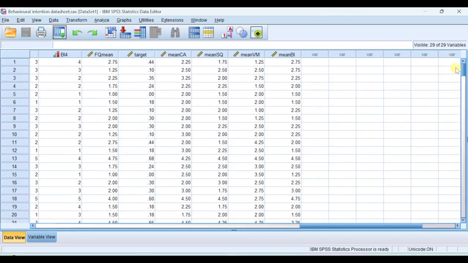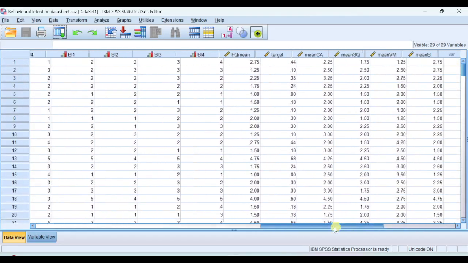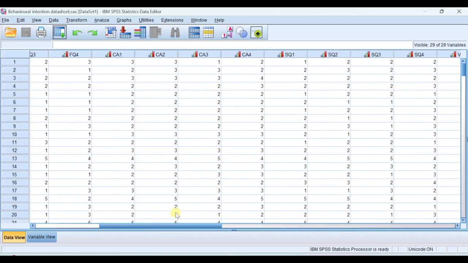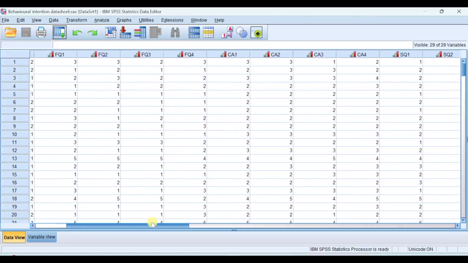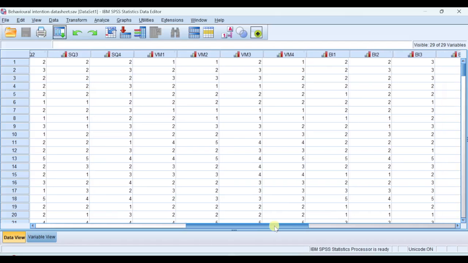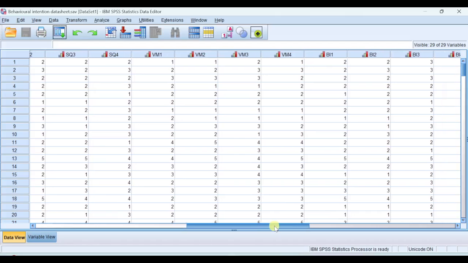Now, how should I do multiple linear regression? Now, what is multiple linear regression? A regression analysis in which there are more than one independent variables and one dependent variable. So in this case, we have 4 independent variables, FQ, CA, SQ and VM, which are used to predict behavioral intention, BI, the dependent variable.